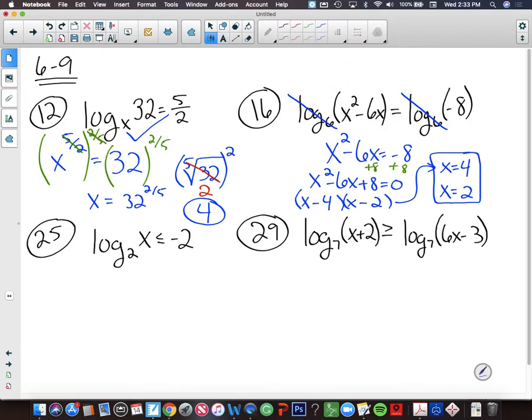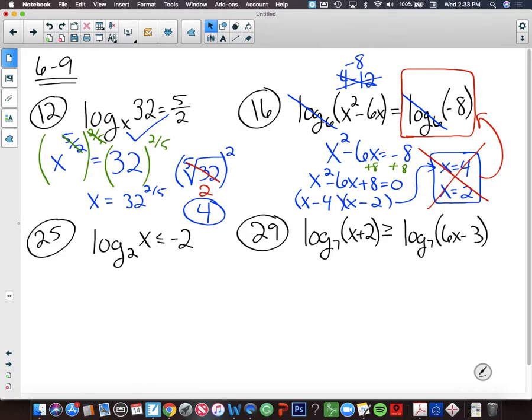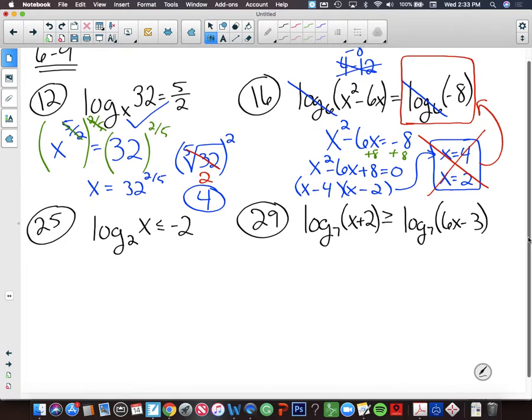If we did the 2, that would be 4 minus 12, which again gives me a -8. So it's kind of a trick question, because you have to recognize at the beginning that it's no solution. If you were to keep going, you get a 4 and a 2, but those answers are out because of that. So that problem is kind of an interesting one.